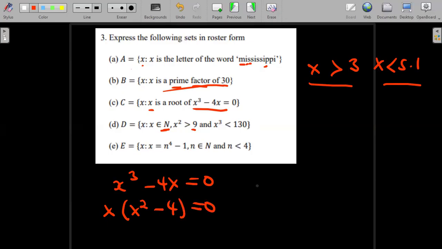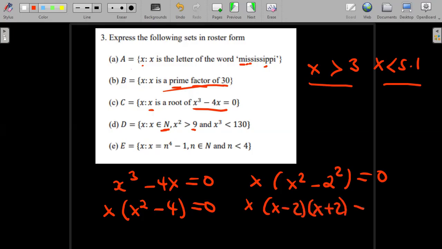By difference of two squares, I can write that as x squared minus 2 squared, because when I raise 2 to the power 2, it gives me 4, and this is equal to 0. I can factorize this further to x minus 2 and x plus 2, and this is equal to 0.